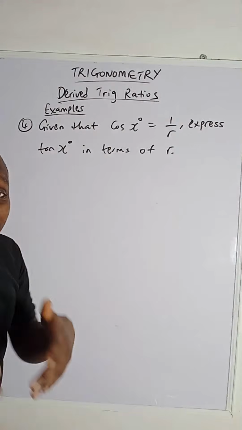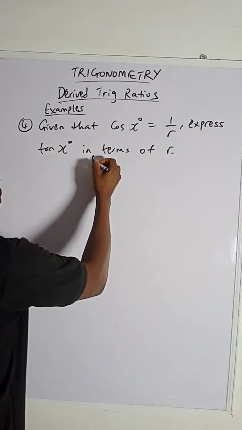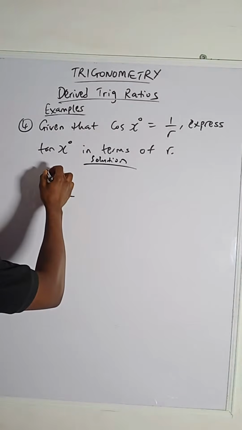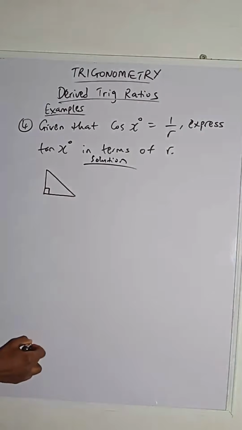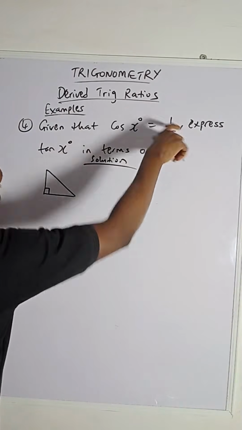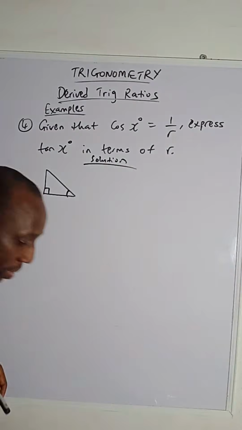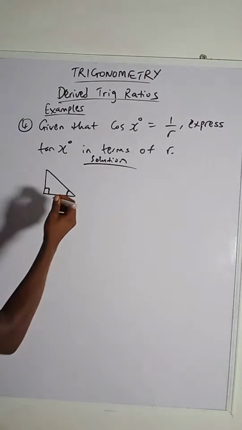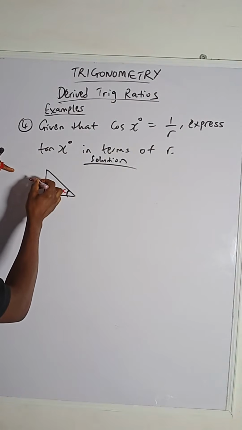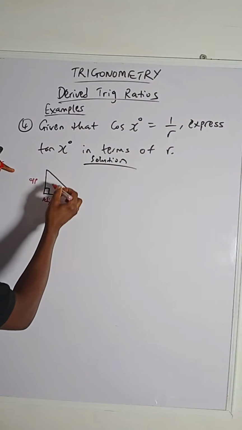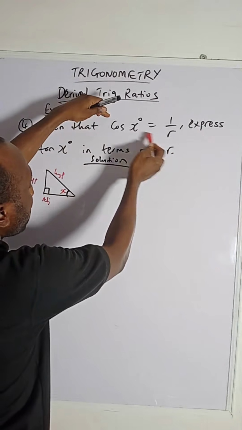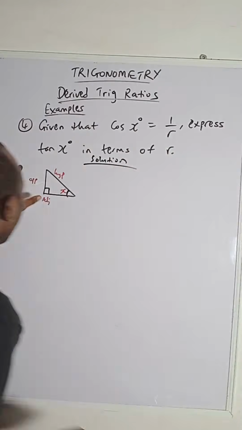Again, just as I did in the previous examples, you draw a right angle triangle. This is cos x is equal to 1 over r. If this angle here is x, this is the opposite, this is the adjacent, and this is the hypotenuse. From this trig ratio I can get 2 of the sides.